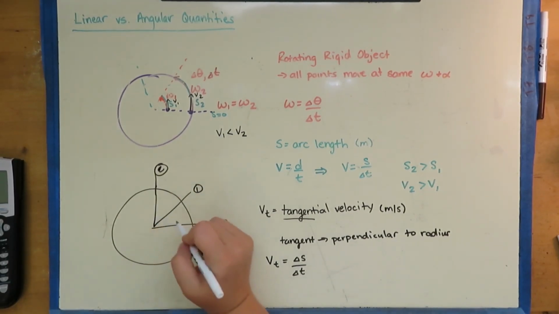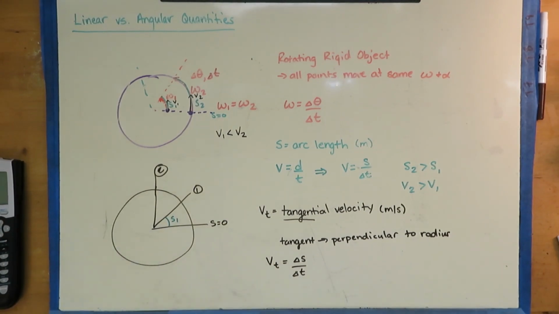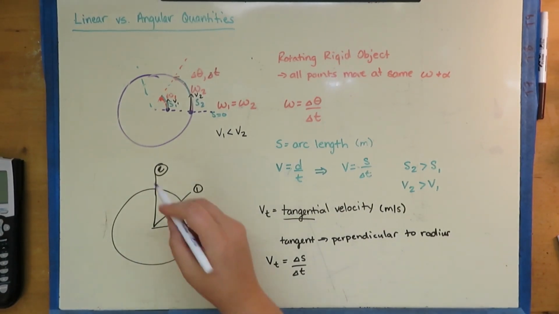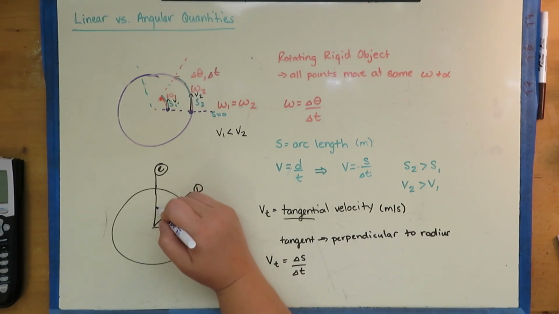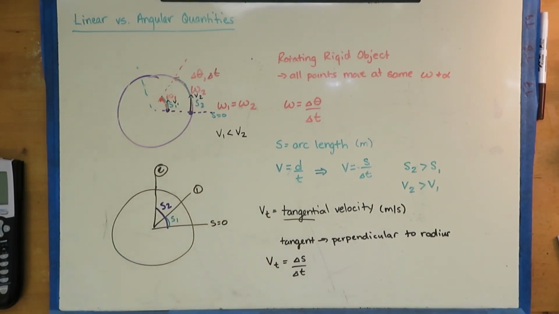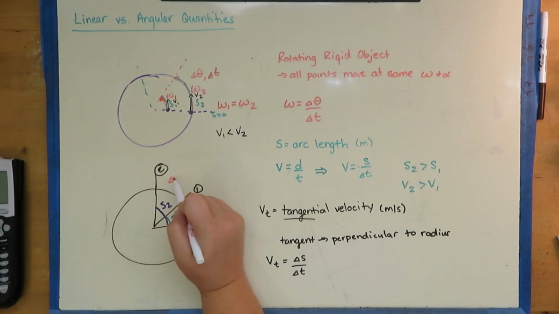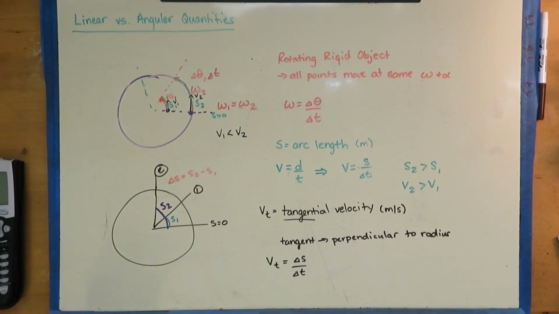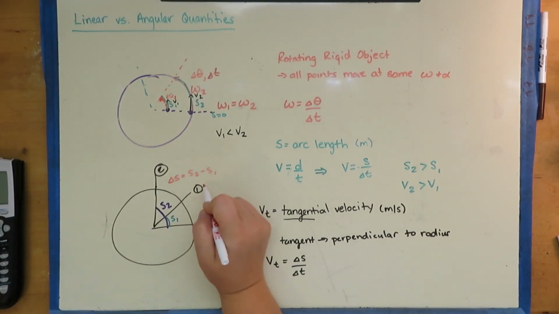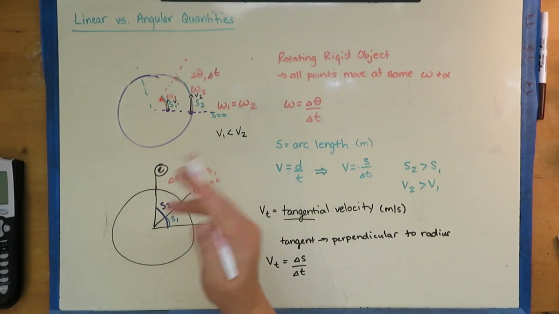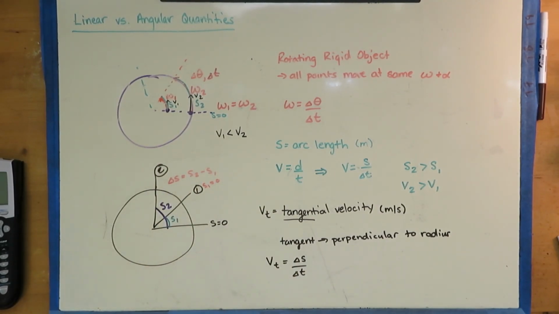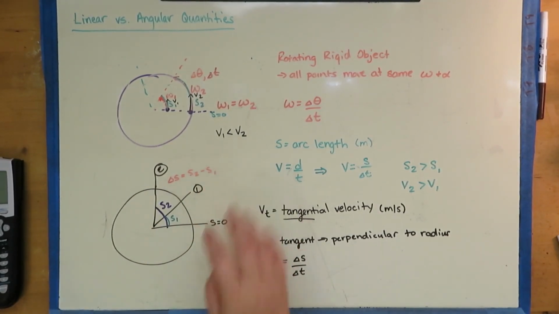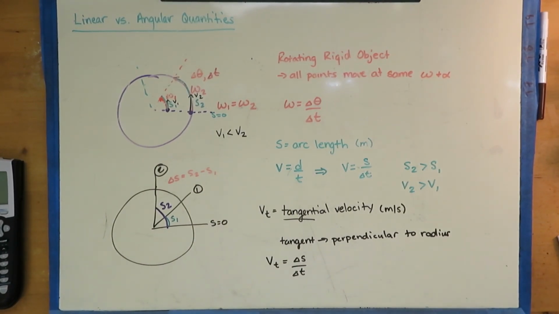If I were to take my arc length for position 1, that would be S1. If I were to take my arc length for position 2, that would be S2. So my delta S here would be S2 minus S1. Or if you set S1 to be this point and you set S1 equal to 0, then it's just equal to S2. So it doesn't really matter which way you do, but technically that's the definition we're looking at here. So this is our mathematical definition of tangential speed.